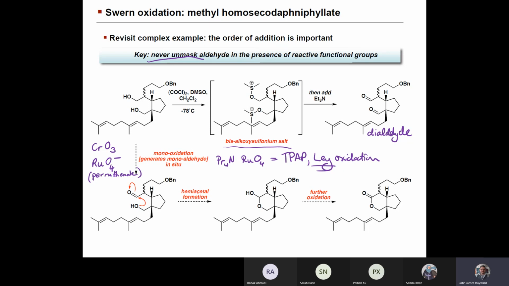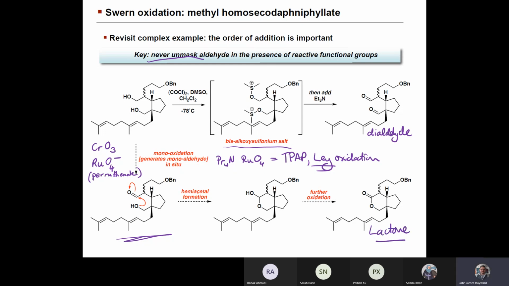Anyway, what happens with chromium trioxide or perruthenate is that you oxidize one primary alcohol first to the aldehyde, and in this case shown at the bottom, you can see that the second alcohol is 6 atoms away from the aldehyde. So it cyclizes to form a hemiacetal. And that happens very, very fast. It's an intramolecular reaction. So we get the hemiacetal, which then acts like the hydrate that we discussed previously. And when that oxidizes, you get a lactone.